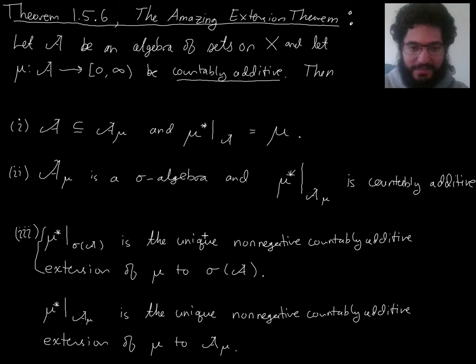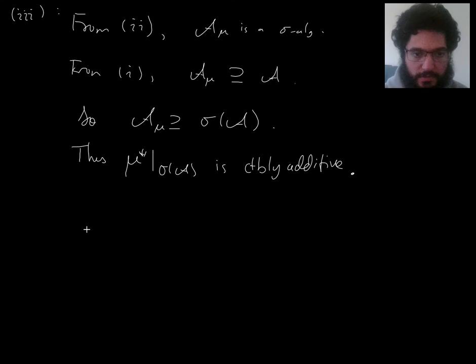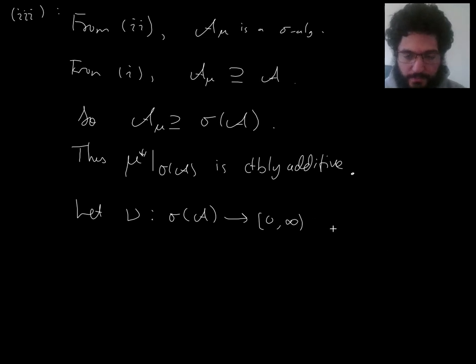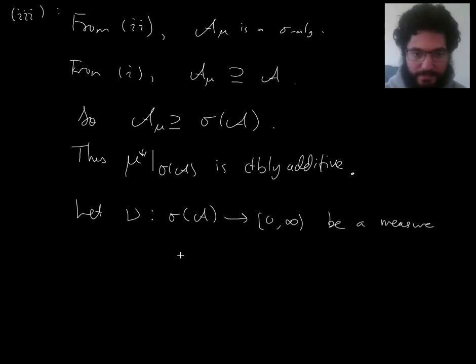Now for the uniqueness. So let's suppose that we have some other one of these, nu, and then we'll try to prove that mu star and nu are the same. So let nu be a non-negative countably additive function on, I guess measure is our short word for countably additive function.